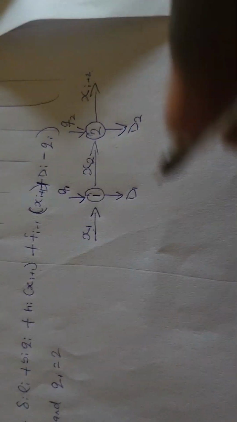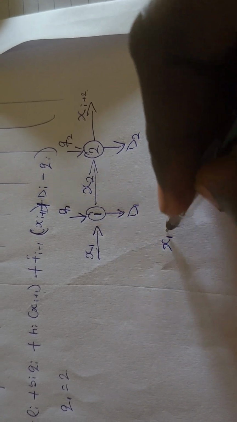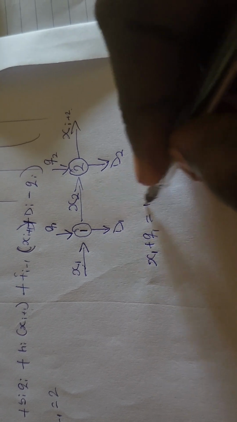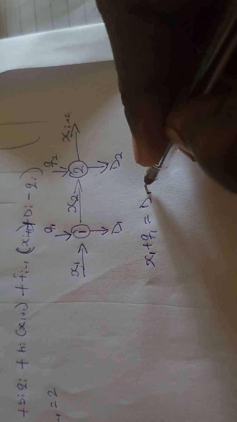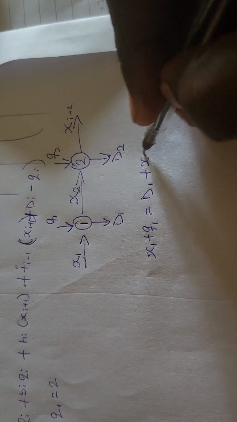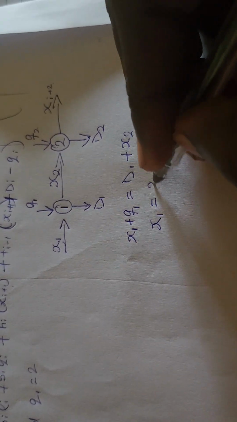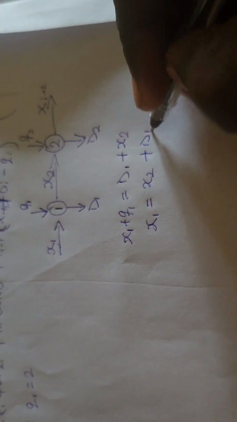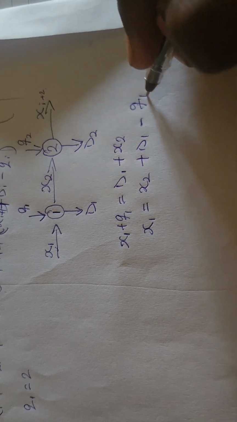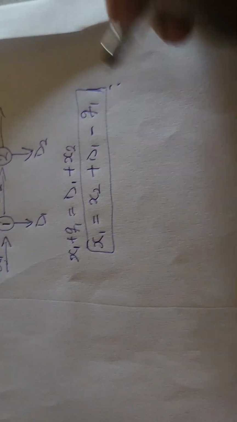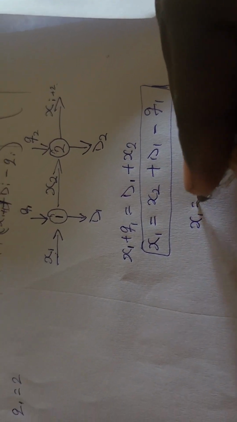For optimality, we are expected to have the summation of our inventory and our quantity produced equal to our demand met and the inventory going out of period 1. You understand? Such that our x1 should be x2 plus d1 minus q1.